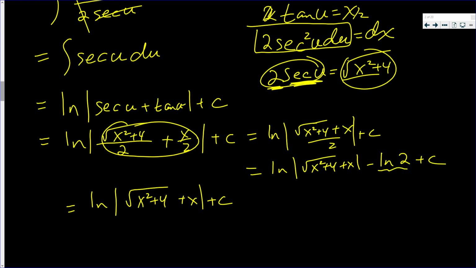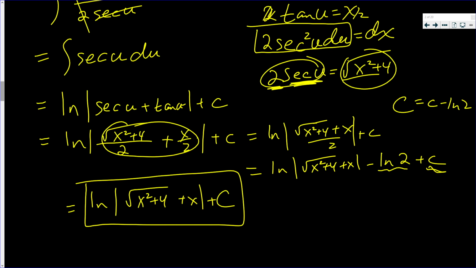But that's a constant. And when you add it to that constant, you just get a different constant. You get big C. Big C is just little c minus ln of 2. Okay, so that's how you should write the answer.